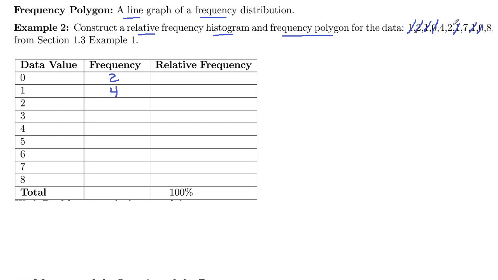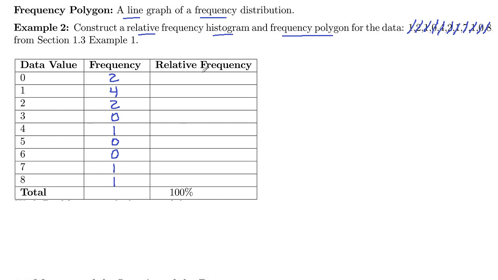Twos, 1, 2. There are no threes in our list, and 1 four. So 0 threes, 1 four. There are no fives, no sixes, 1 seven, and 1 eight. So no 5, no 6, 1 seven, and 1 eight.